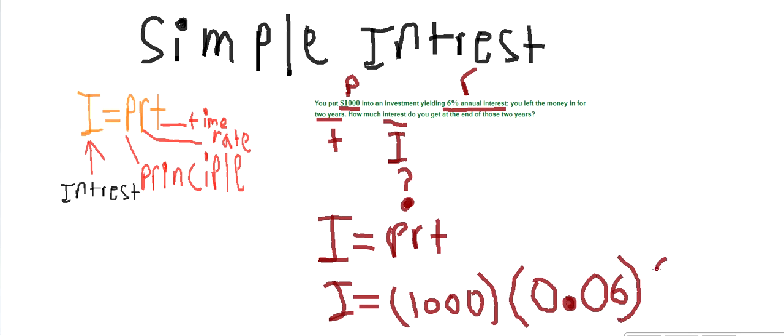And then your time is 2, because it says you left the money in for 2 years.